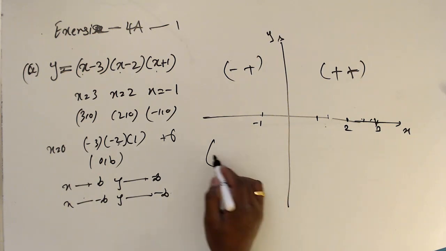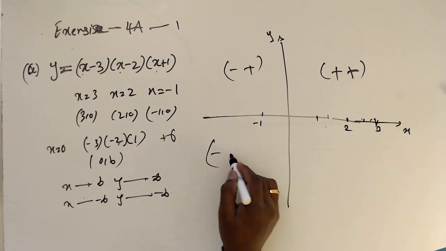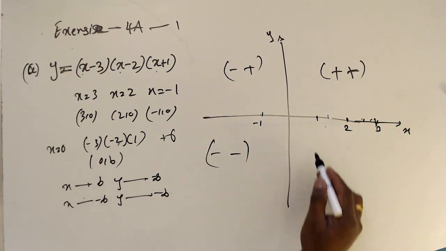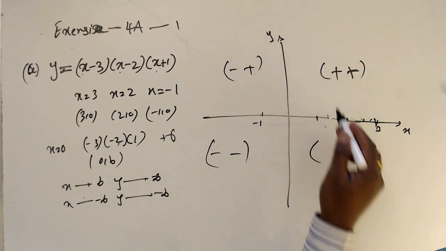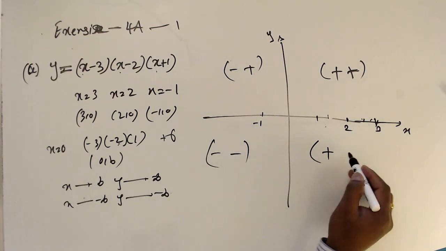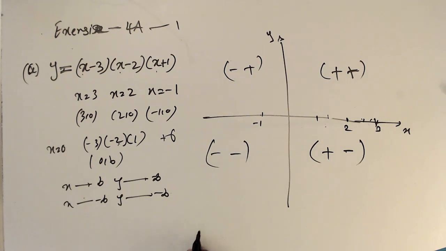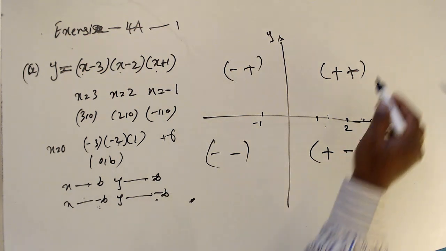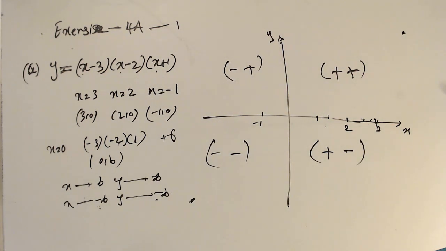And this is negative and y also negative. And this side x value is positive but y value is negative. So negative negative, the graph starts here. Positive positive, it starts here. So this is another way of looking at it.